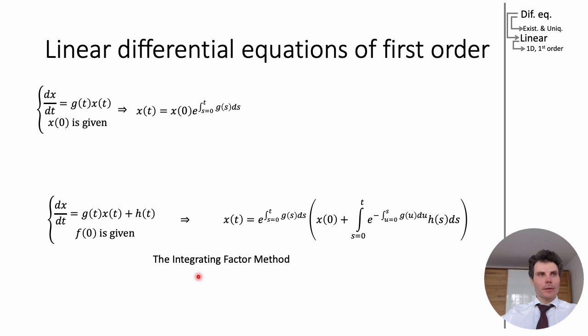This method is called the integrating factor method, and it is explained in the book by Nagy and in the book by Tikhonov and co-authors. After doing some pretty simple arithmetic, one can figure out in this case that the variable multiplier to the exponent has the following shape. It's again x0 plus a certain integral that looks like this. And this is the solution. That's the entire solution of the given equation.